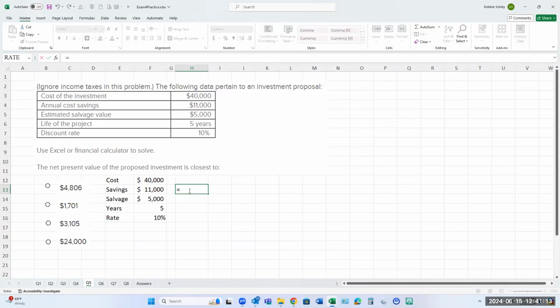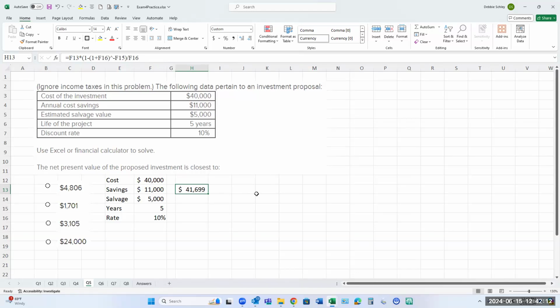So the present value of the savings would be equal to the savings times 1 minus 1 plus the rate raised to the value of the negative years, divided by the rate. So again, this is the formula from the amortization table.